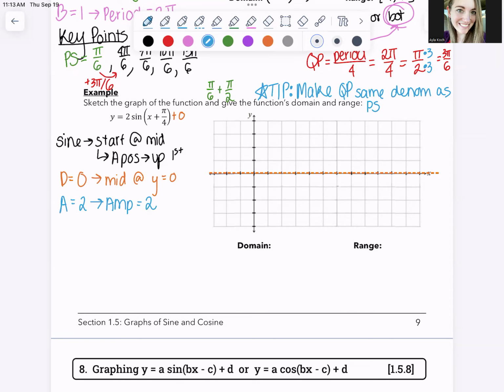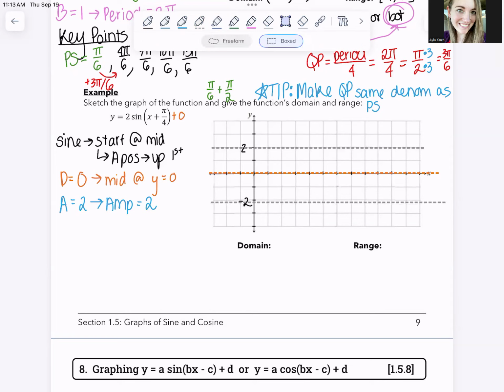So I'm going to go 2 units up, 2 units down from the midline. There we go. All right.